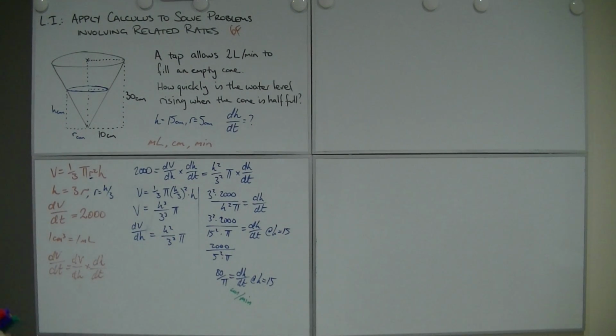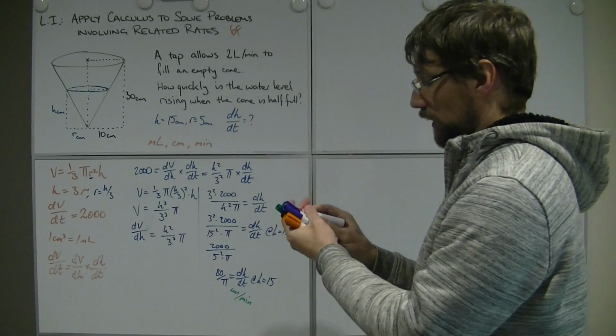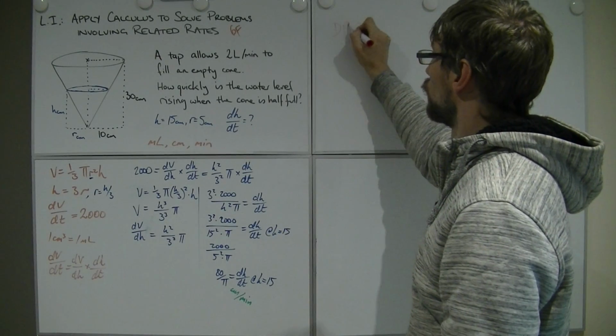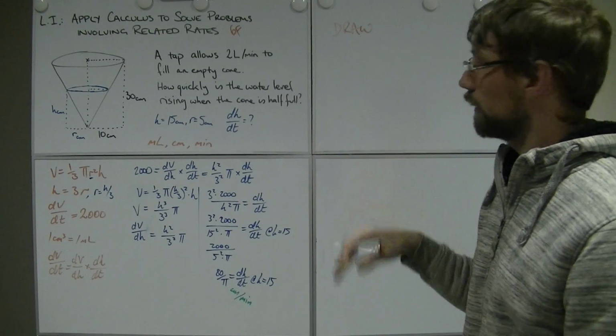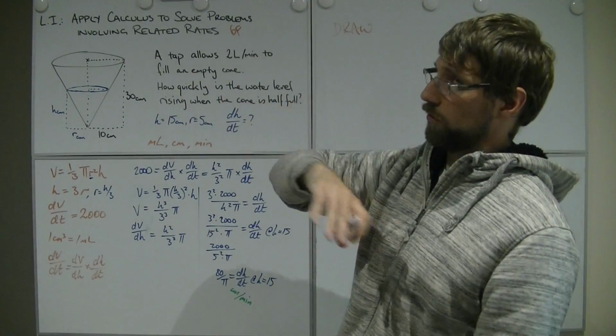Cool. Now, these can go nice and quick and easy like this one, but sometimes they can really throw you for a loop. So things that you should probably think about. First thing, always, always, always draw some picture of what's going on. It helps a lot. Conveniently, I gave that to you in this case.